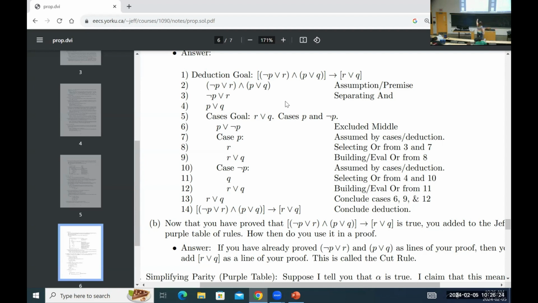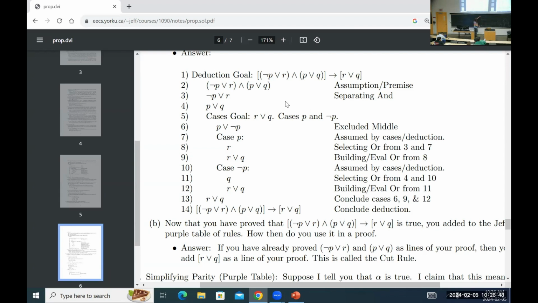So here now I got not P or R, and I have P or Q, and I want to get R. So I think, what am I going to do in between? Well, this doesn't mention R, so it's not likely to help.